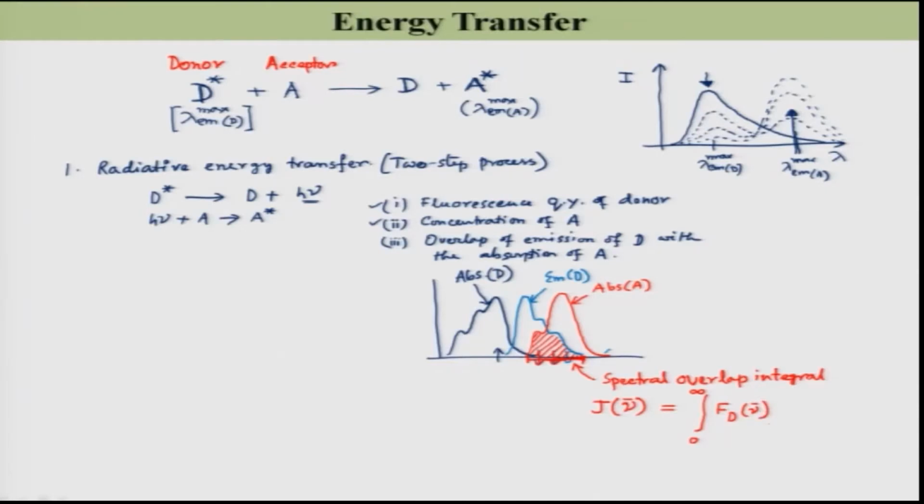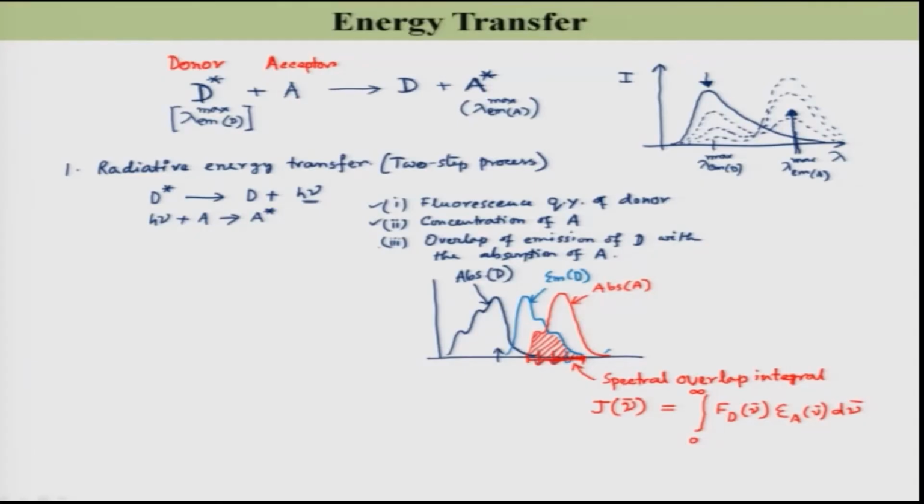Obviously, this is plotted as a function of wave number. I already discussed that you can change the units from wavelength to wave number to frequency, whatever you want. I am just using the wave number here, times the absorption spectrum, and epsilon, the molar extinction coefficient, is just the absorbance divided by the concentration times the path length. So, this is epsilon of the acceptor, plotted against nu bar, d nu bar. So, this is my overlap integral.